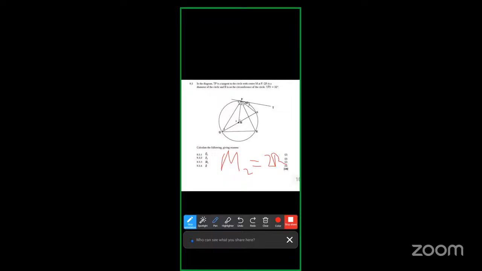Do you guys get this? Do you guys understand it? Yes, sir. Is there anyone who is still curious about something on these problems that we just did, or we can proceed to another problem?